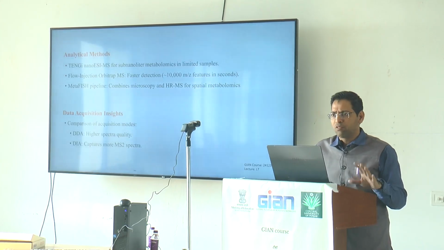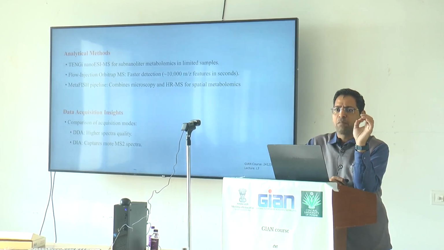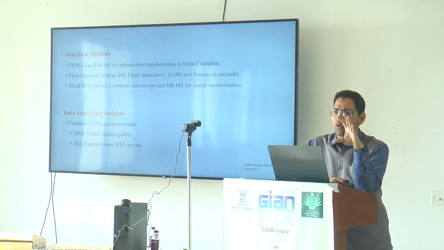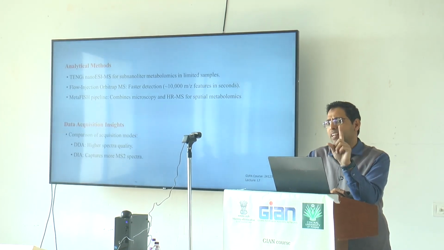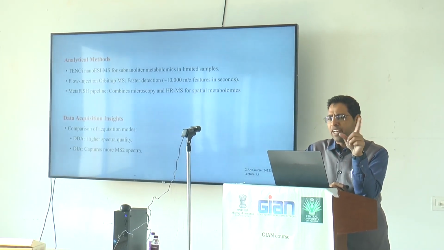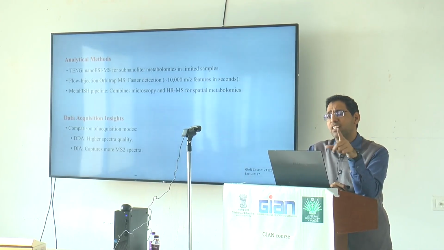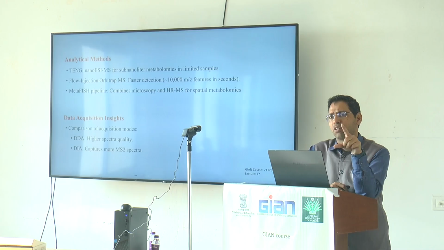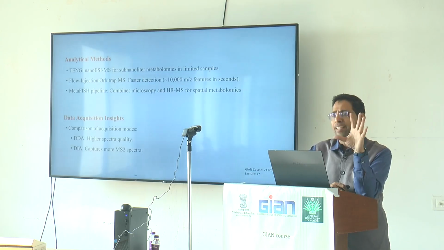So you try to understand this is the latest development that happened in metabolomics, that is the ion mobility mass spectroscopy. And there is another innovative approach that came up in the last 5 years, that is the data dependent as well as the data independent acquisition. So these are the two things which came very soon and they improved the metabolomics analysis a lot.